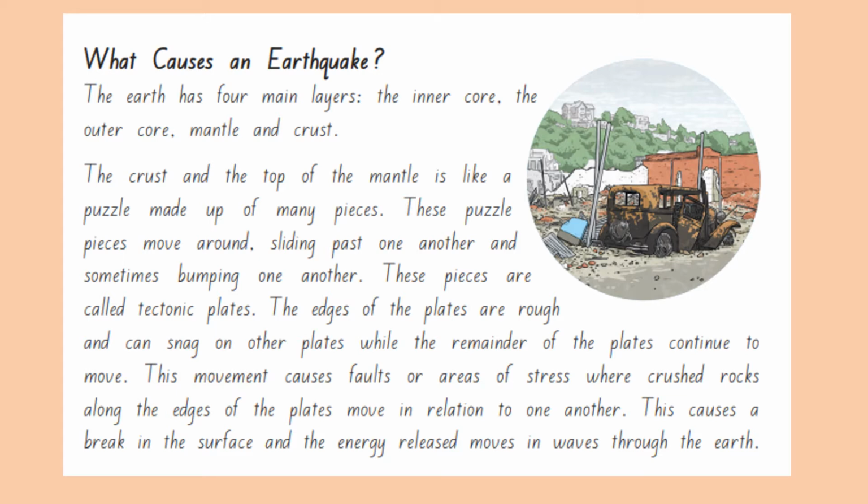The edges of the plates are rough and can snag on other plates while the remainder of the plates continue to move. This movement causes faults or areas of stress where crushed rocks along the edges of the plates move in relation to one another. This causes a break in the surface and energy release, and the energy released moves in waves through the earth. This is what causes an earthquake.